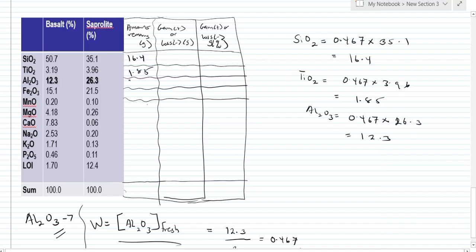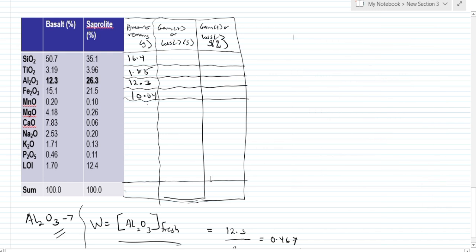The next one is Fe2O3. With that we have 0.467 by 21.5, and that should be giving us 10.04. That's for the amount remaining. So you do that for the remaining aspects.